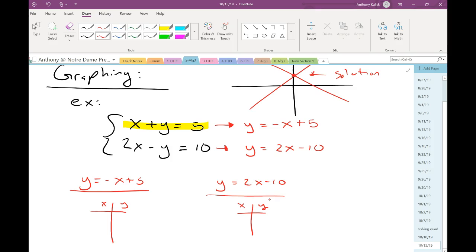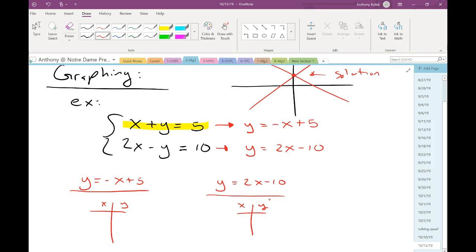If I'm going for neatness, should I pick the 2 points right next to each other or kind of far apart? Which one's going to give me a better result? Kind of far apart, right? If you make a little mistake where your points are close together, you can have a big difference than if your points are far from each other. Much more likely to get a decent picture out of that.